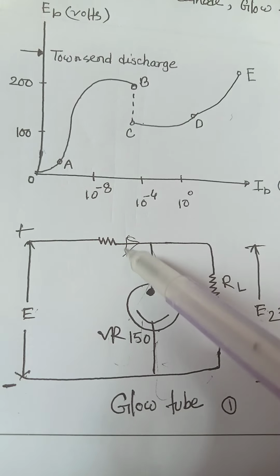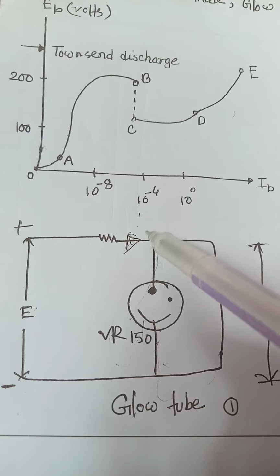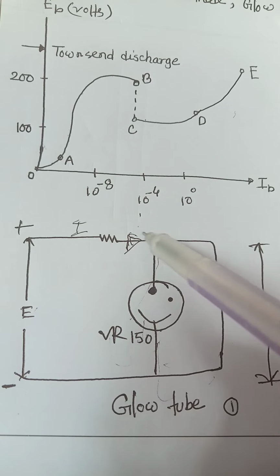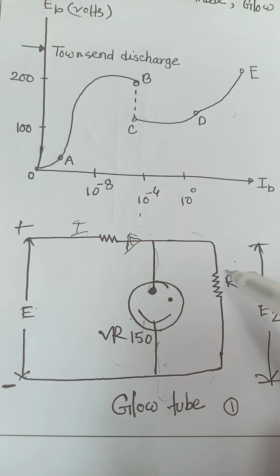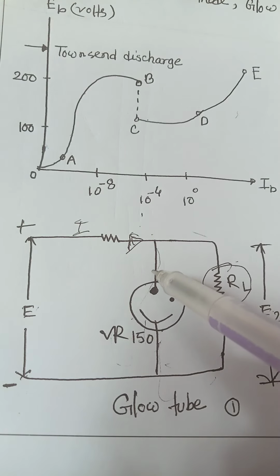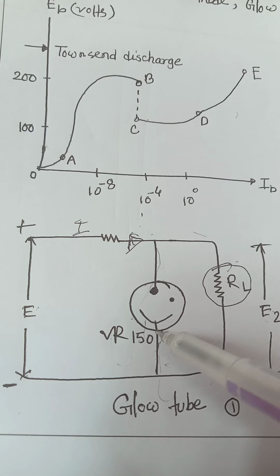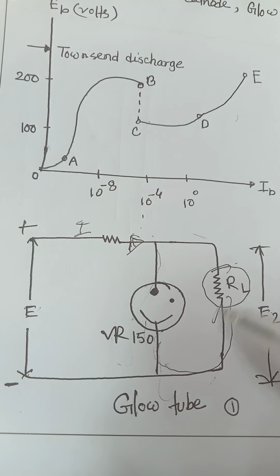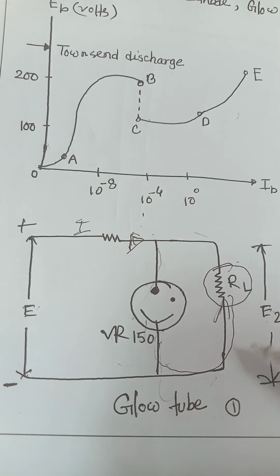A series resistor is used, and as the load current changes, the current through the tube adjusts. The glow tube, or VR tube, is connected in parallel with the load.